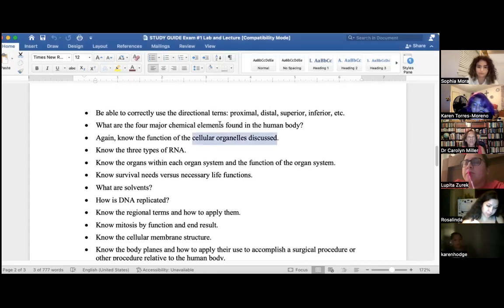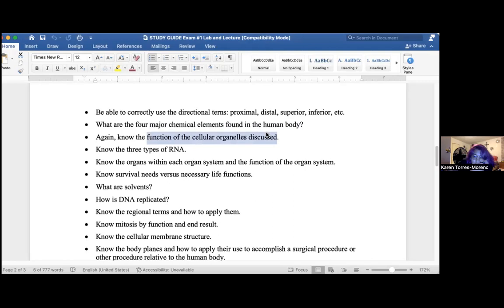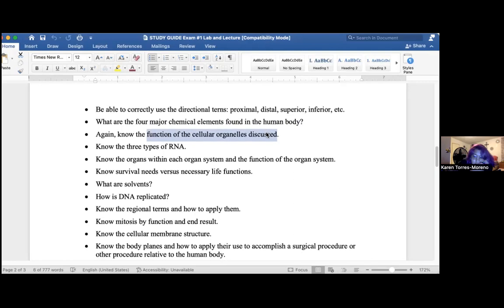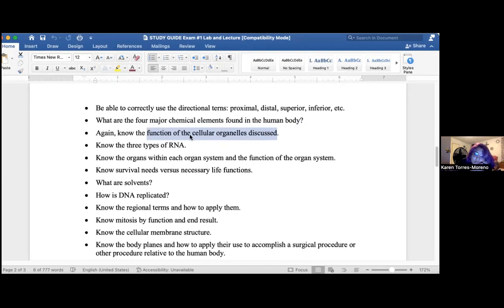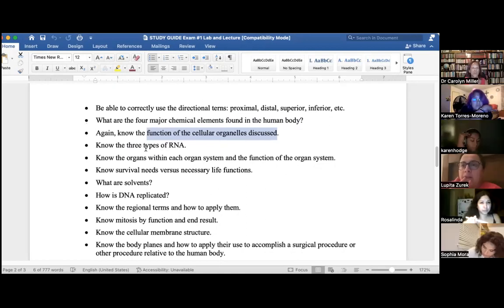So the chemical elements: carbon, oxygen, hydrogen, and nitrogen. The function of cellular organelles discussed, and I just went through that with the peroxisomes and lysosomes, nucleolus, nucleus, mitochondria, Golgi, smooth and rough ER.